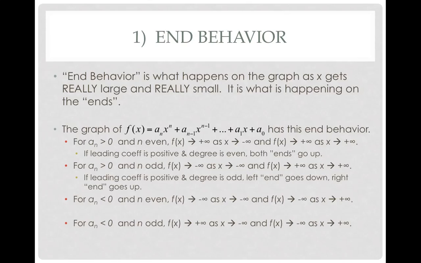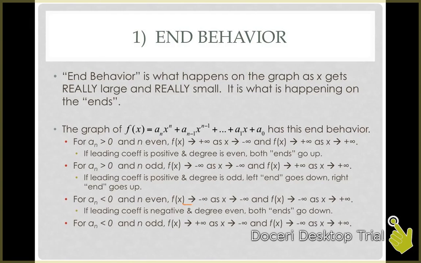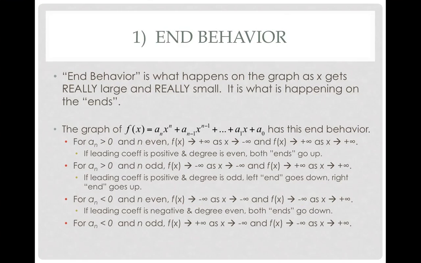Now, if our leading coefficient ends up negative, then everything gets flipped around. So a negative leading coefficient with an even value is going to make both ends go down. That's why you see f of x going to negative infinity both times here. And if our leading coefficient is negative when our n is odd, then things flip.